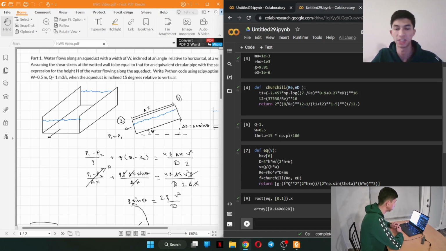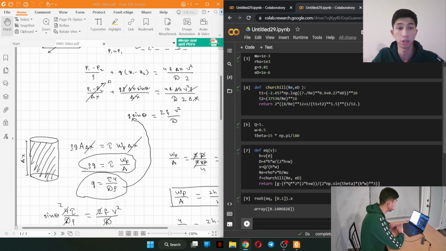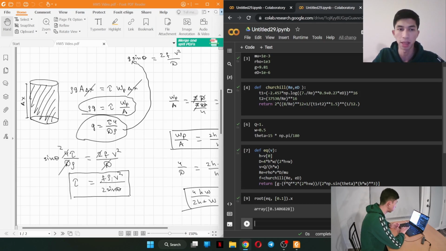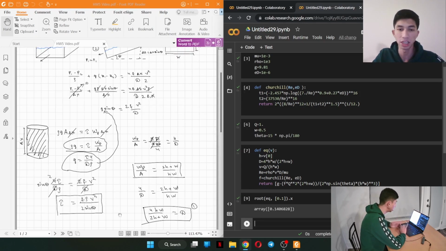So the actual height: in this problem, we solved the rectangular open channel problem in which the water is flowing at a specific flow rate. We derived the height of the water level using the expressions we derived from Bernoulli's equation and the force balance of shear, using the shear stress of an equivalent circular pipe, and we solved for h.